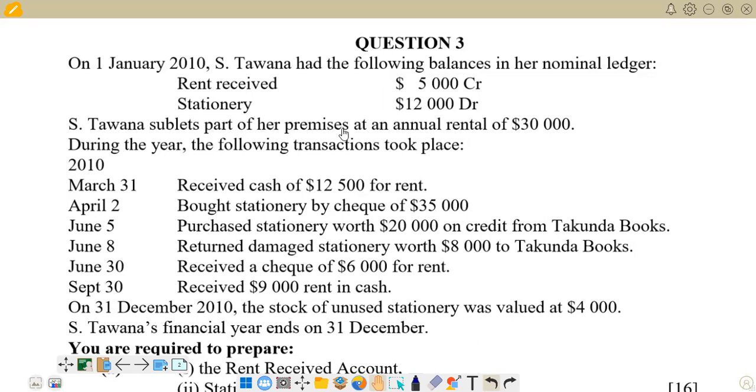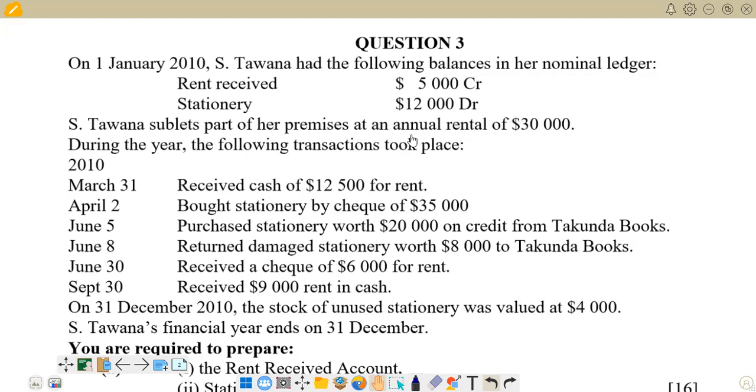Then the question proceeds and says Estawana subleased part of her premises at an annual rental of 30,000. During the year the following transactions took place. So what it means now is this rent of 30,000 is the rent that is supposed to be received per annum.